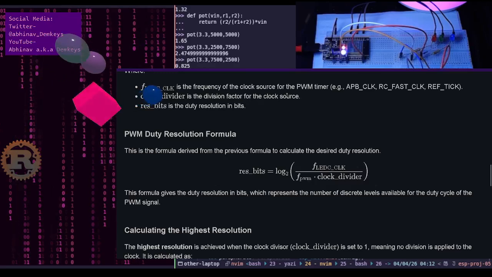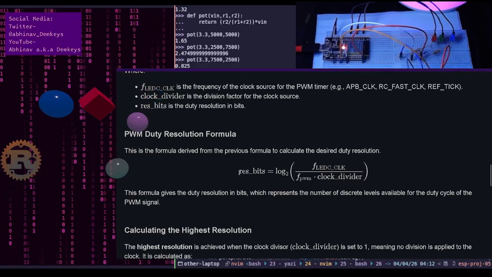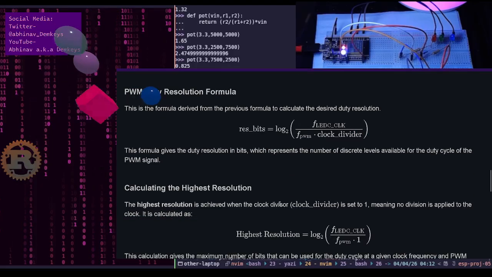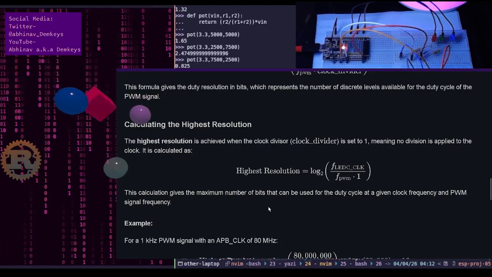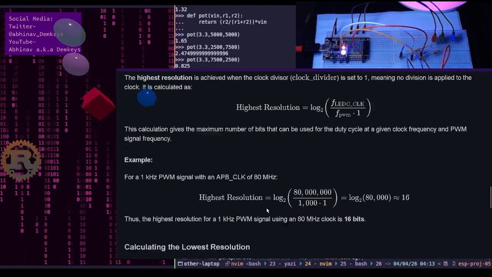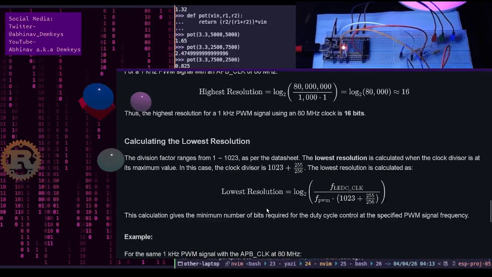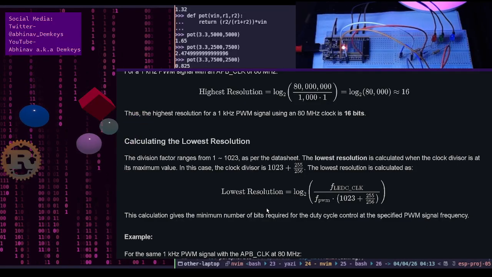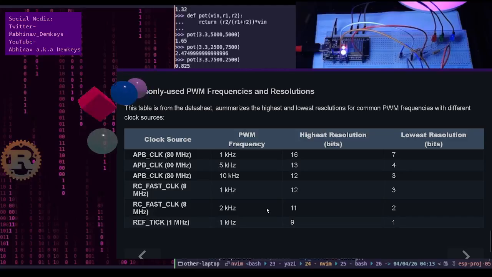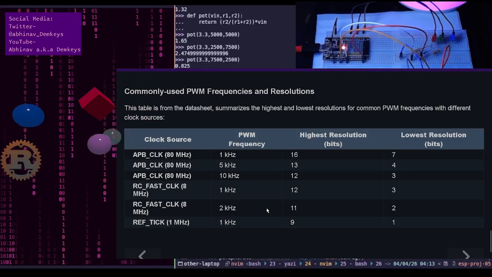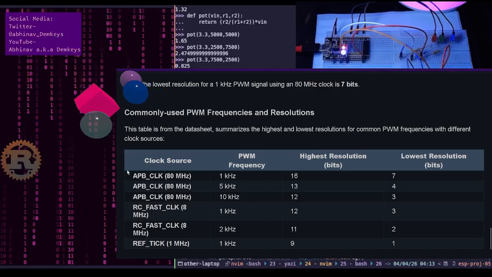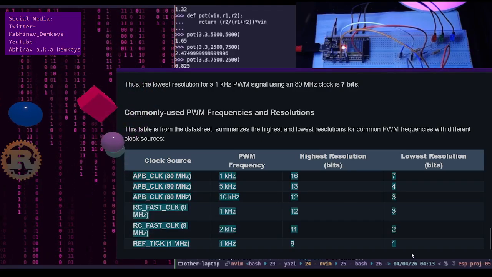And then there's a duty resolution formula, which we are calculating in this way. This is a little more complicated than what I was assuming it was going to be. I need to look into why any of this is necessary.